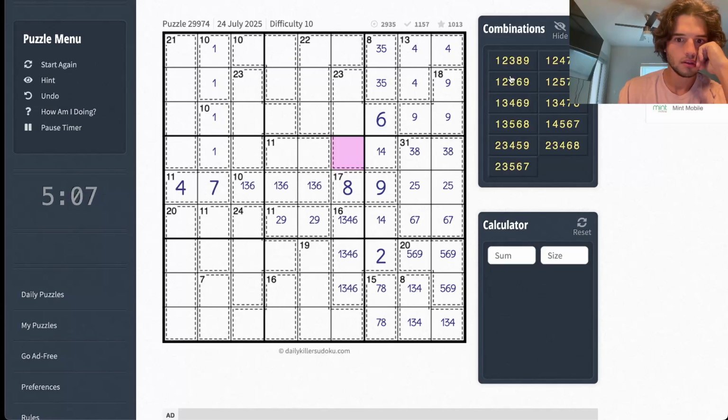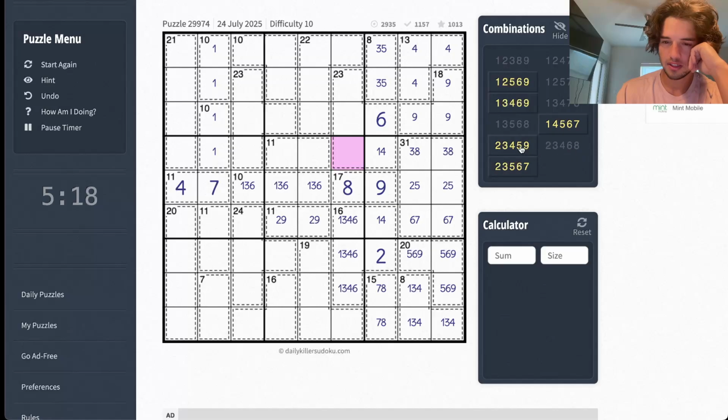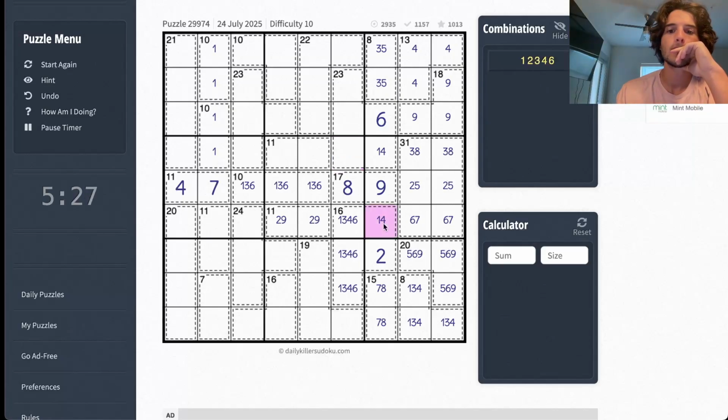Here we do have a 6 in it. 8 is gone. We need a 6. 8's gone from there. That doesn't have an 8, that doesn't have a 6. And now it needs a 1 or a 4, so that can't be. This needs both a 1 and a 4.